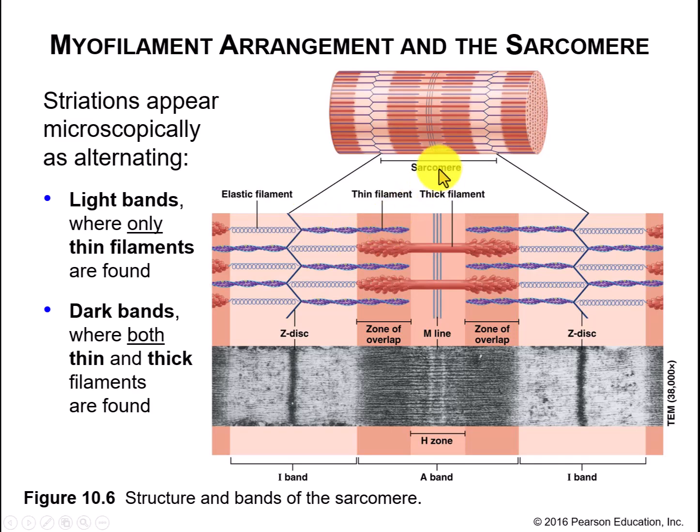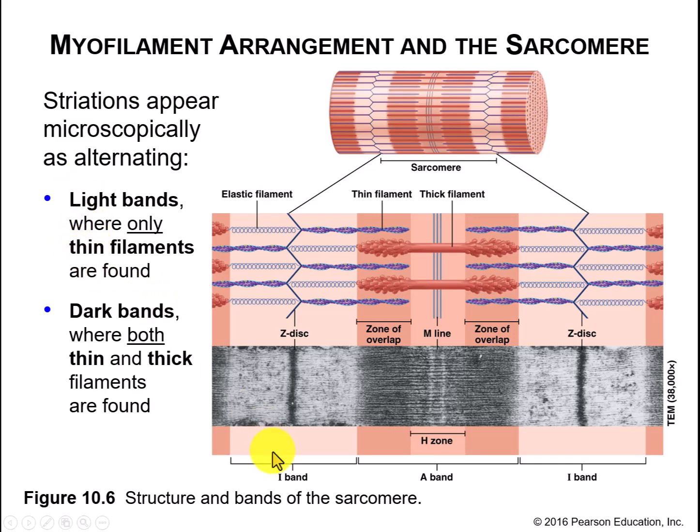Within our sarcomere, we have an I band and an A band. Light bands are where there are only thin filaments, so they both have an I. So I bands, light bands, only have the thin filaments.